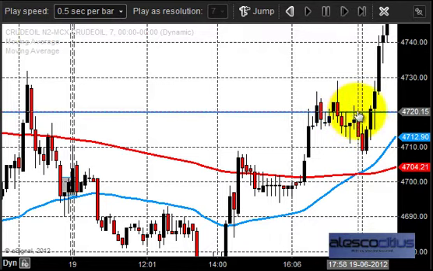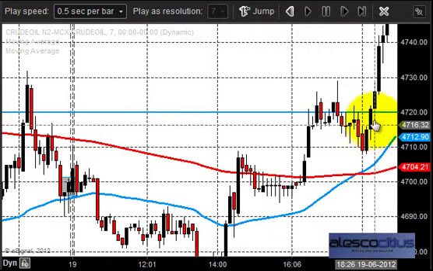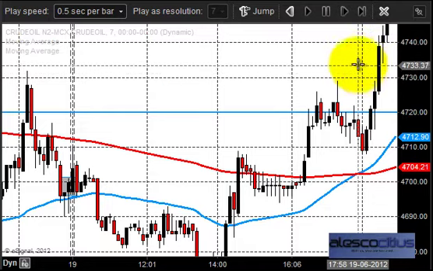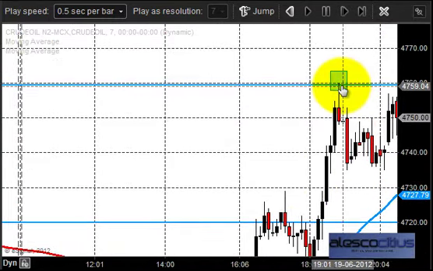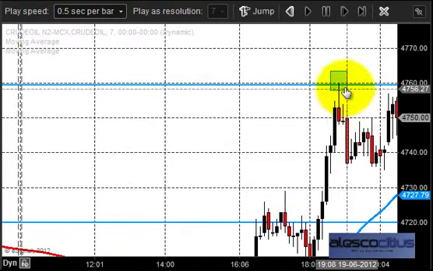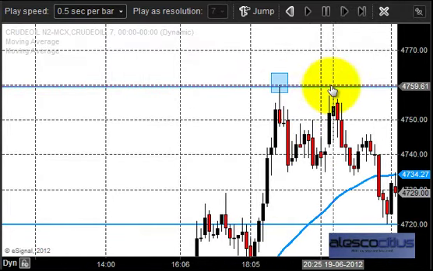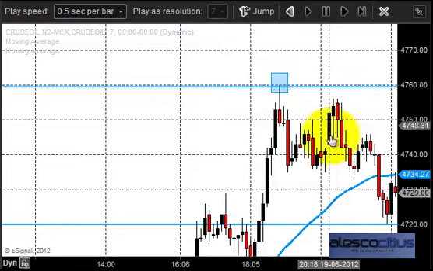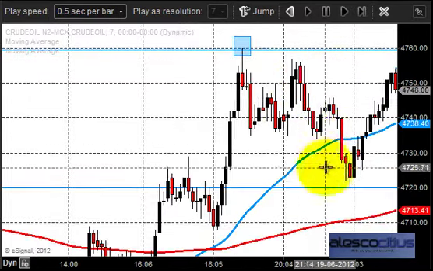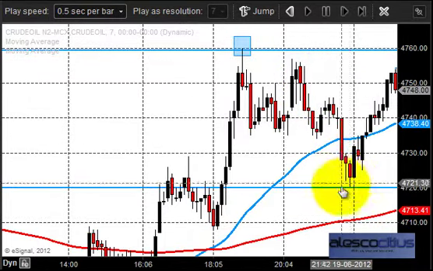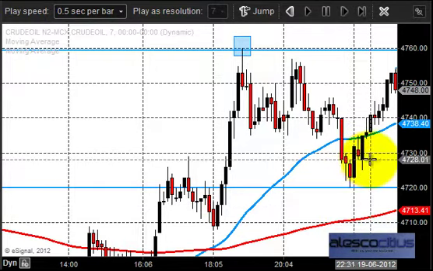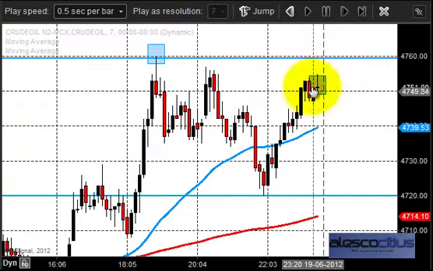A failure to stay below 4720 pushed the market above it and the market tested the major zone of 4760. You can see how many times the market tried to break this zone of 4760, and again it fell down and took some support around 4720, and then it closed around 4750.